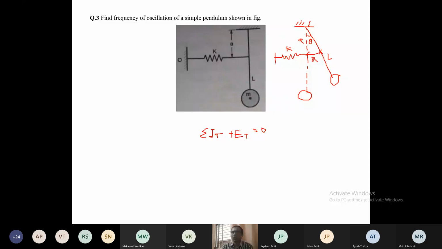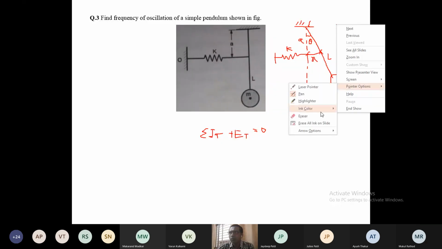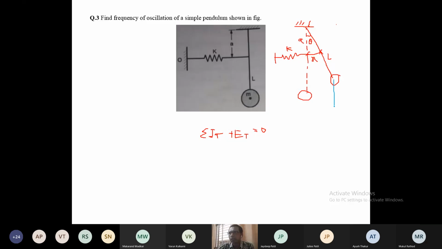Now you have to find out the various forces acting on this system. But tell me, what are the different forces acting on this system? Here the mass acts in the downward direction. Resolve this mass into two components.